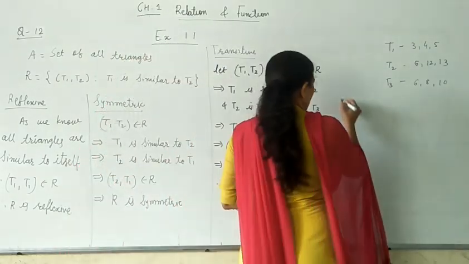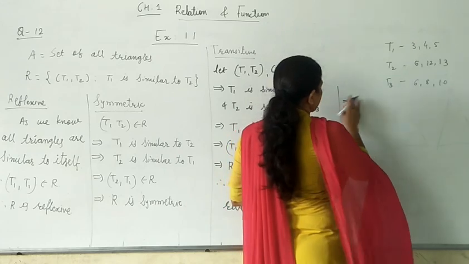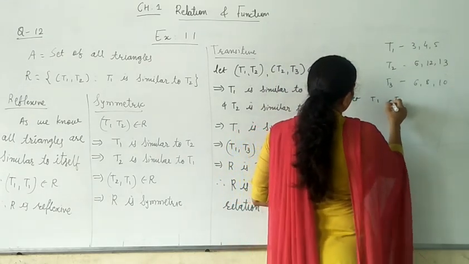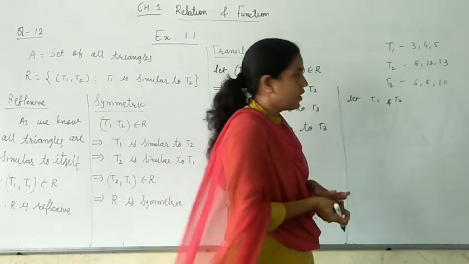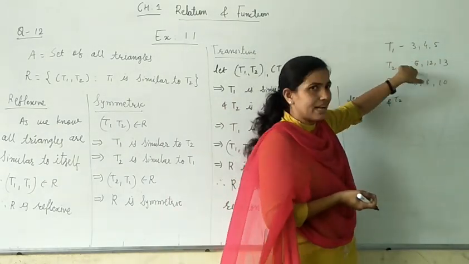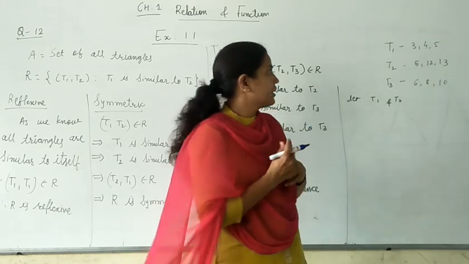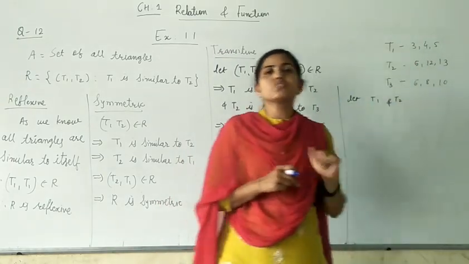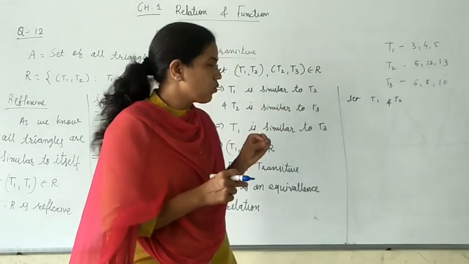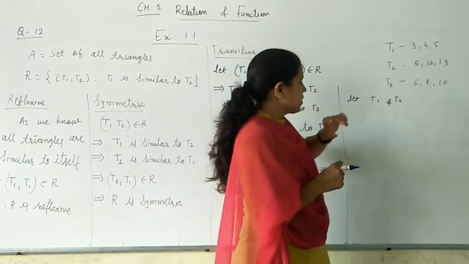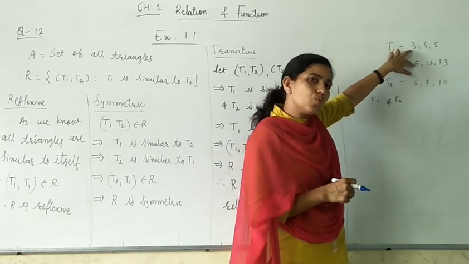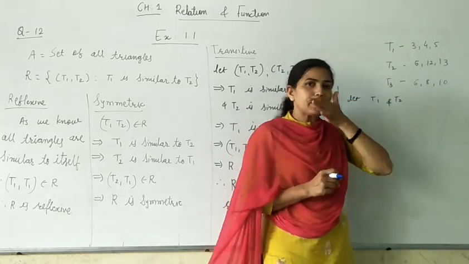So for this, let the triangles be T1, T2 and T3. We will not check the angles now, only the sides are given, and we know the criteria that if the ratio of the corresponding sides is equal, then it is a similar triangle.